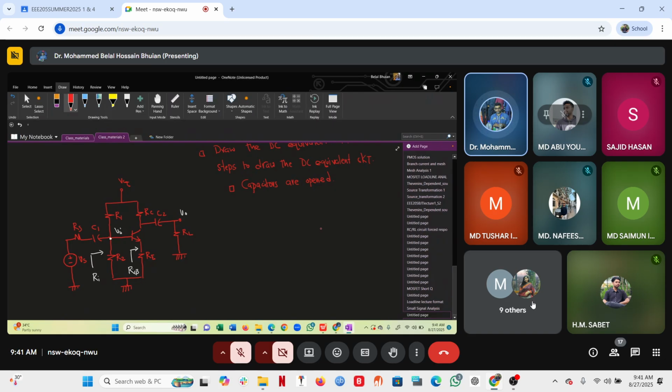Then applying superposition theorem, short AC or small signal sources.